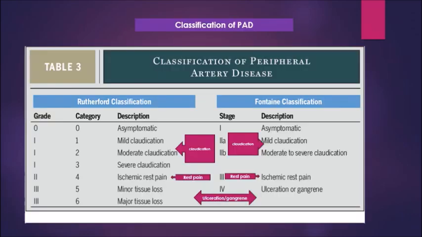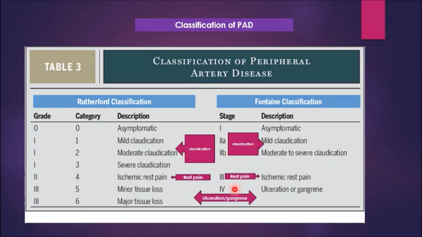Now, how do you classify peripheral arterial disease? This is a simple classification by Rutherford and Fontaine, two classifications normally used. Basically, it classifies the patient into main categories: asymptomatic, then the symptoms of claudication, where the patient develops pain on walking.